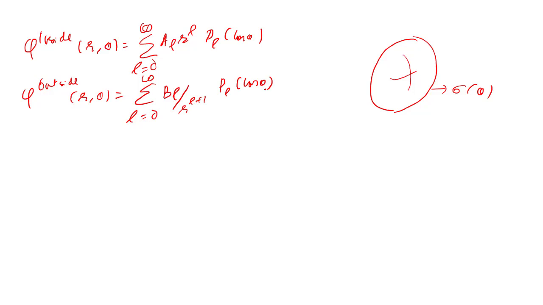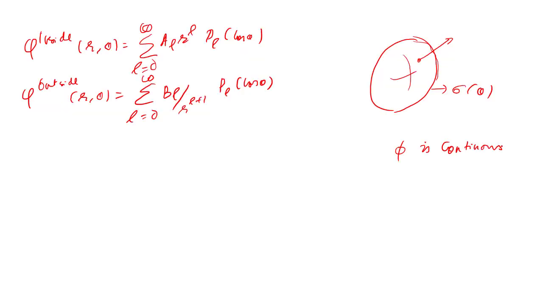And we know that as you go from inside to outside, because the charge density is specified here, the function phi itself is continuous. Phi itself is continuous. So if I do phi out at r equal to R, that should be equal to phi in at r equal to R.